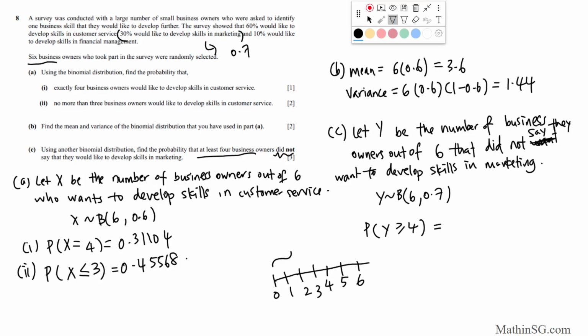The probability from 0 to 6 is 1, because you only have 6 business owners. It's either 0, 1, 2, 3, 4, 5, or 6 of them. So it's 1 minus, and I only want 4, 5, 6, that means I need to subtract P of Y less than or equal to 3. Type this into your GC, you'll get 0.74431.